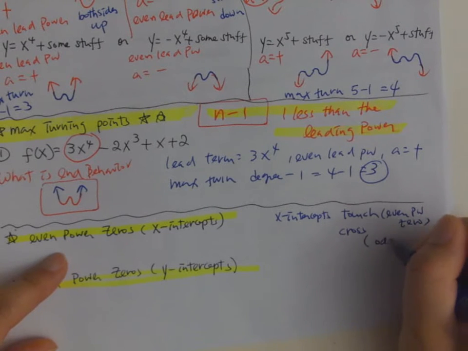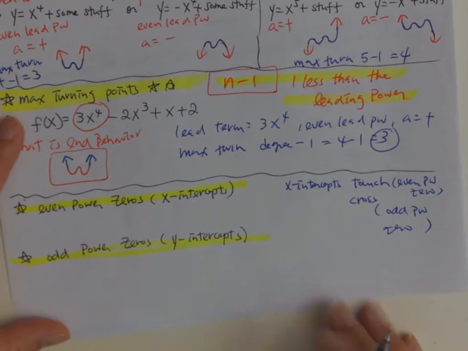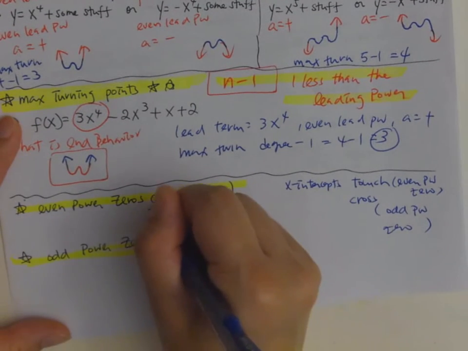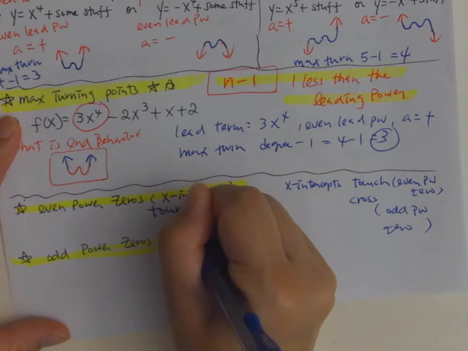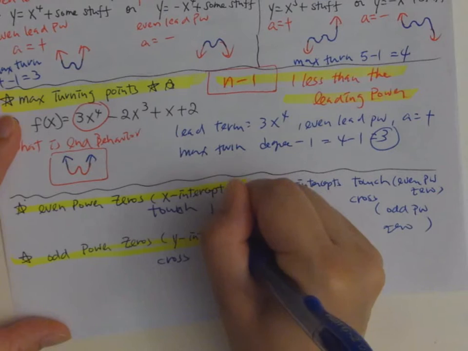If it's an odd power zero, it's going to be crossing. I know it's kind of abstract, right? Even power zero is touching, and odd power zero is crossing the point.